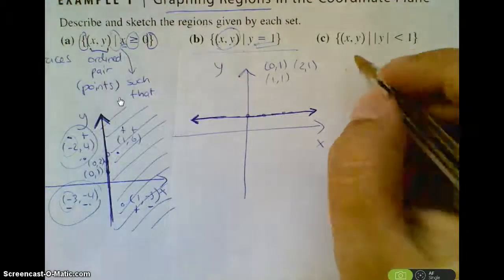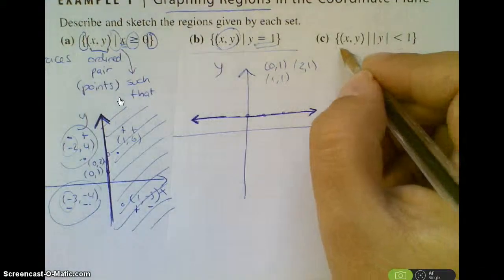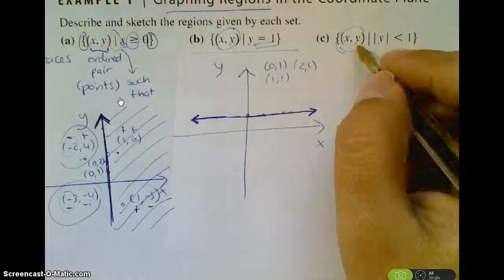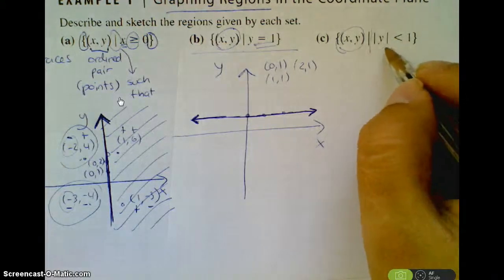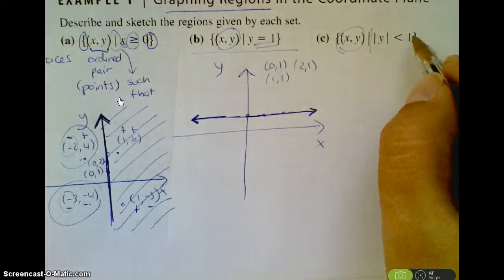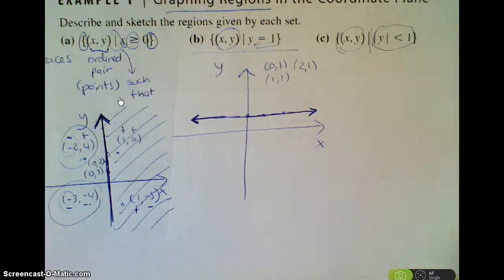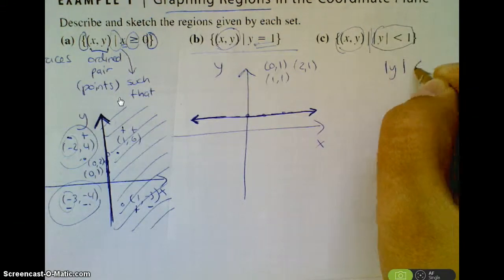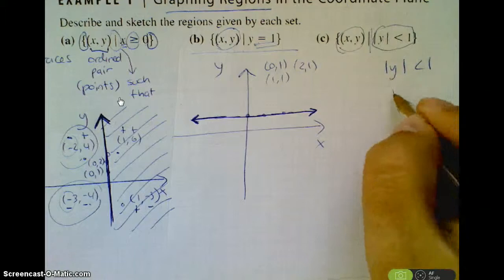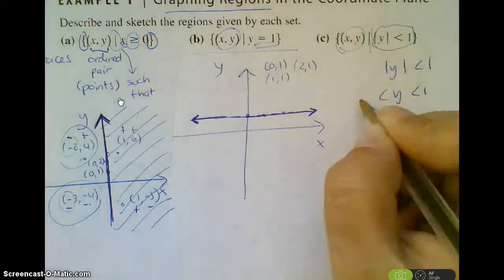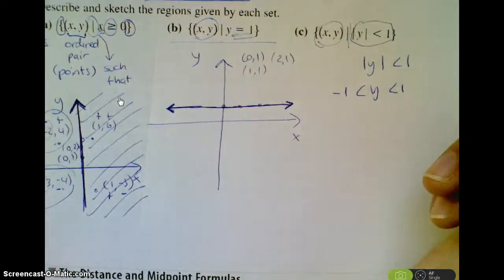Okay, and now for part C, it says I want to shade all the points on the coordinate plane such that the absolute value of y is less than 1. So remember from what we have seen in the past section, absolute value of y less than 1 means y is going to be between negative 1 and 1.